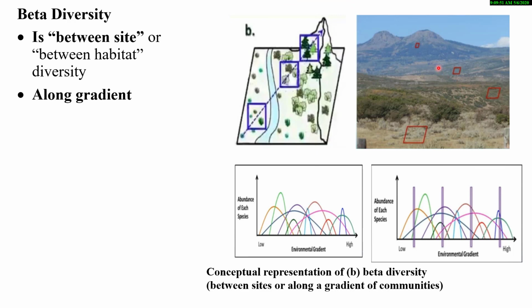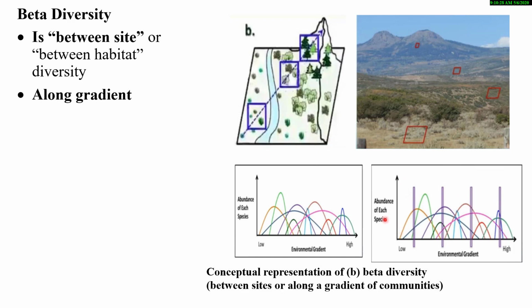It could be differences in moisture conditions. It could be differences in light intensity or any type of environmental factor. You could see that some areas may have different diversity across slopes, across different moisture regimes. Let us look at this.